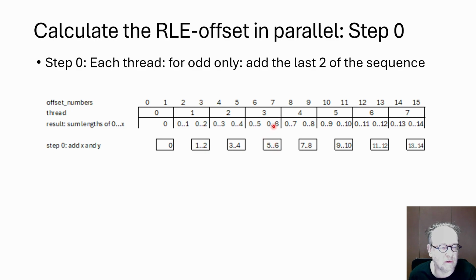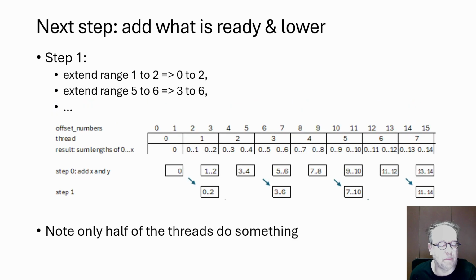So we need the sequence here for thread 3. We need sequence 0 to 6 to add all together, and the last 2 are length number 5 and length number 6. Those 2 we will add in thread number 3. So thread number 3 will add those 2 values, thread number 4 will add those 2 values, and store that in memory. And then the next step is going to build upon those partial results.